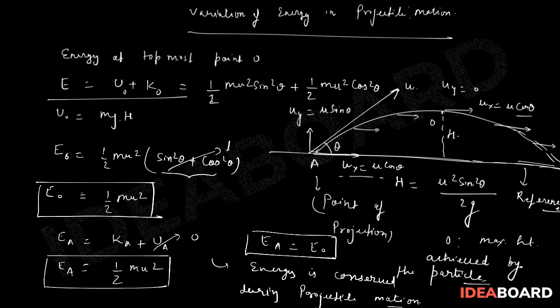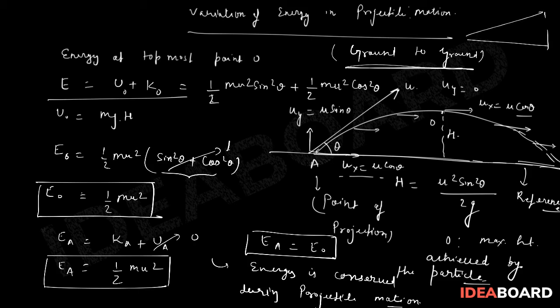Energy is conserved. So energy conservation is valid in projectile motion only if ground to ground projectile is there. Ground to ground, because in an inclined plane obviously there will be a change in height, so definitely yes, energy will be conserved, but it will not be the same at both points, because both the points will have a certain height difference.